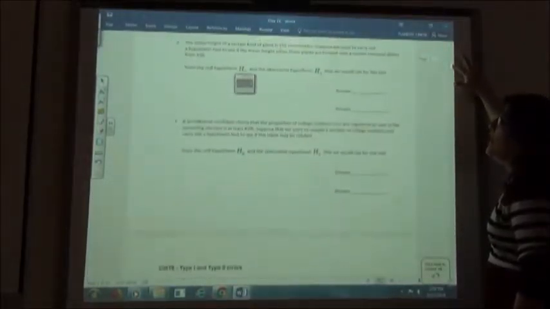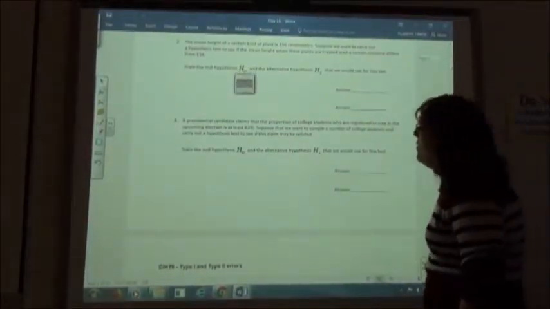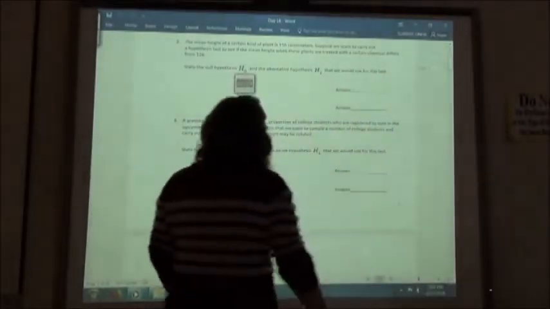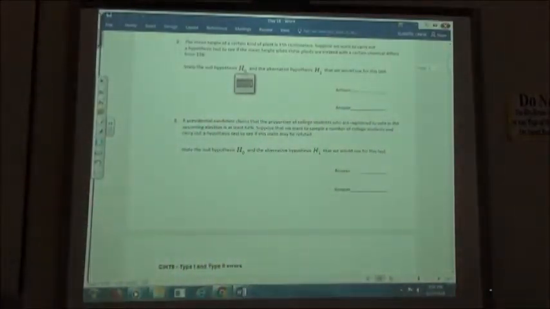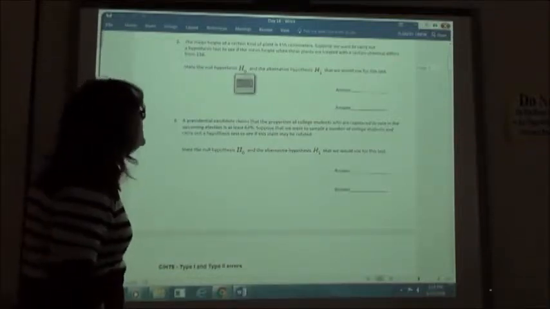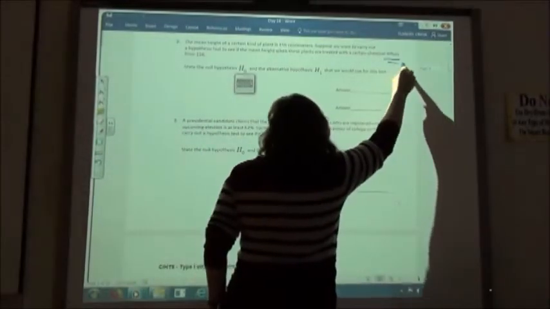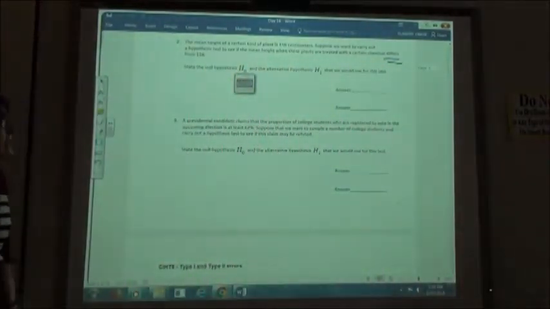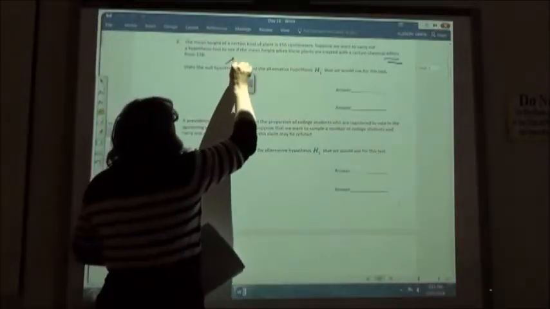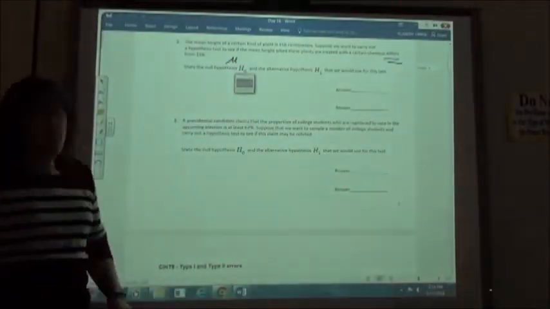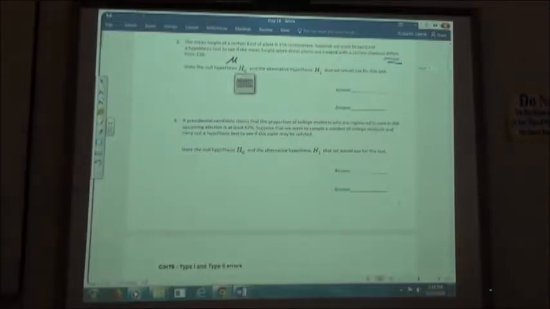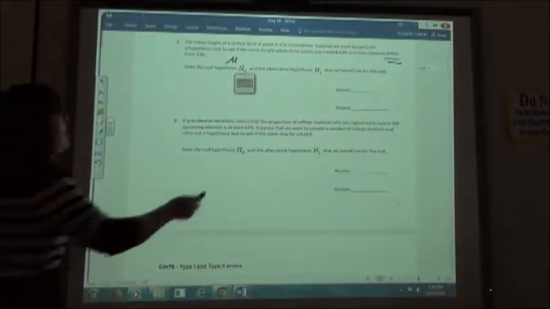Question number 2 then. The mean height of a certain kind of plant is 156 centimeters. Suppose we want to carry out the hypothesis test to see if the mean height of when these plants are treated with a certain chemical differs from 156. So on this one we have to use the symbol for mean. If it differs from 156, it would be not equal, right?